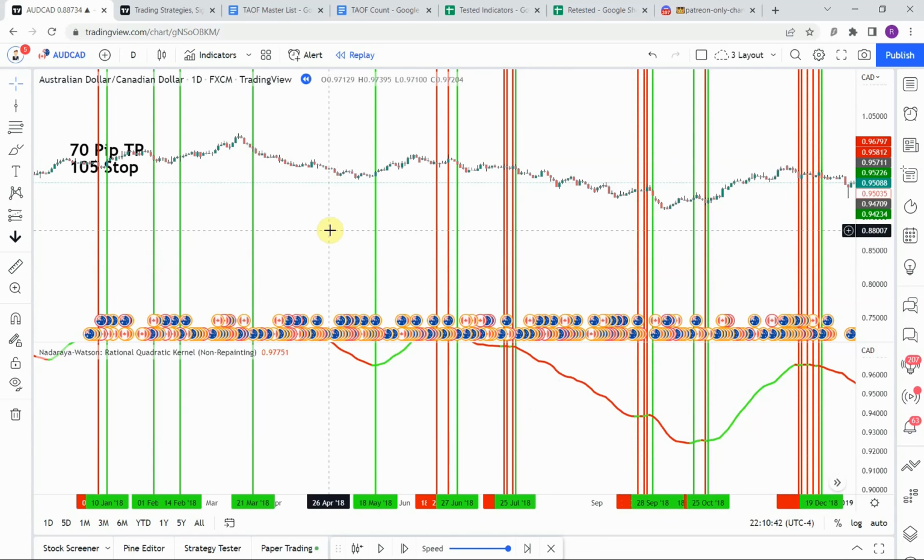So we have 26 trades all together, and we have 1, 2, 3, 4, 5, 6, 7, 8, 9, 10, and 11 winning trades. And so that is not going to meet the 60% criteria that we are looking for.